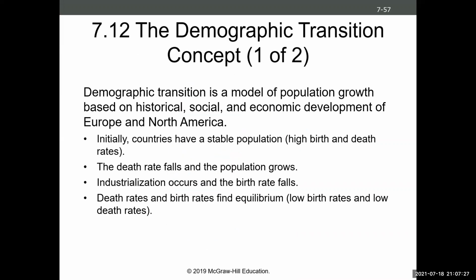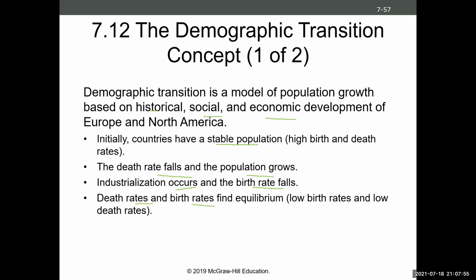And so what we see is this demographic transition where population growth is based on historical, social, economic development. And so initially countries will have a stable population, death rates fall, populations grow, industrialization occurs, they become more developed, birth rate falls, death rates and birth rates will find an equilibrium. Right?